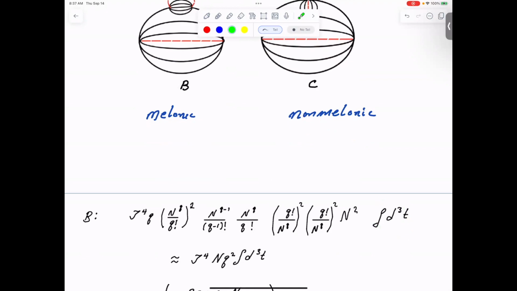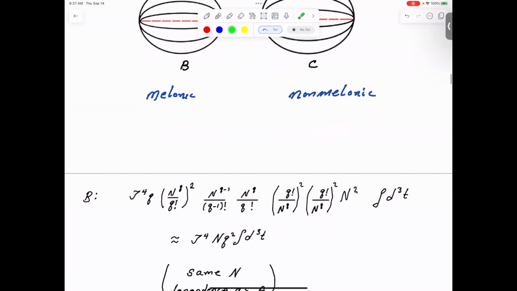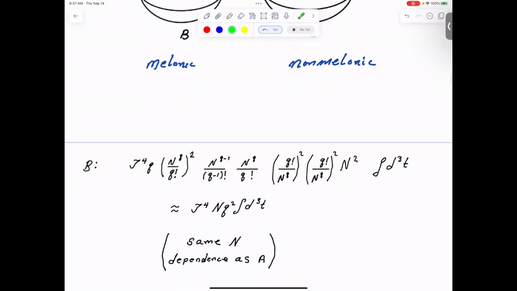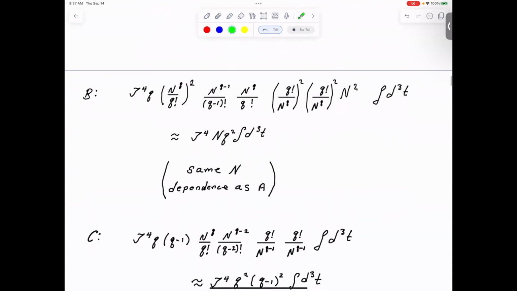And then there are some counting factors, which I won't go into at length, and the red propagators. And if you work it out, you'll find again that it is proportional to N. It has different Q dependence, and again it has an integral d3t. The main thing for the moment is that it has the same N dependence.